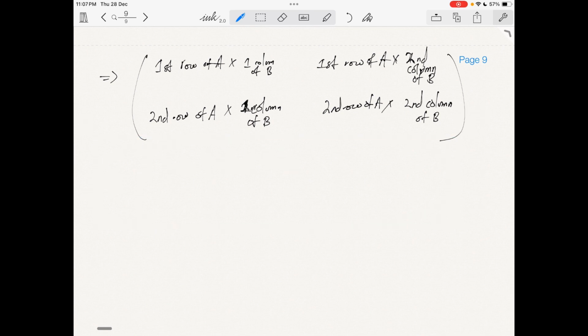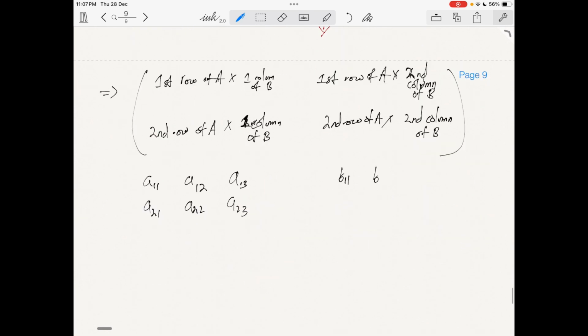So we have A11, A12, and A13, then A21, A22, A23, multiplied by B11, B12, and then B21, and then B32.